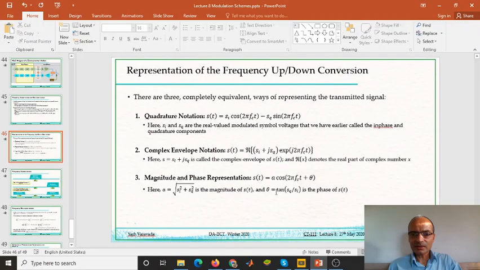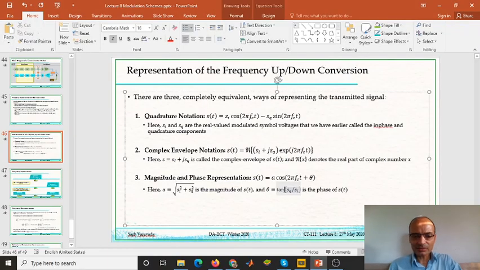So this is a typing mistake which I can right away correct. So this is actually tan inverse function. Okay, so that is the quadrature notation.